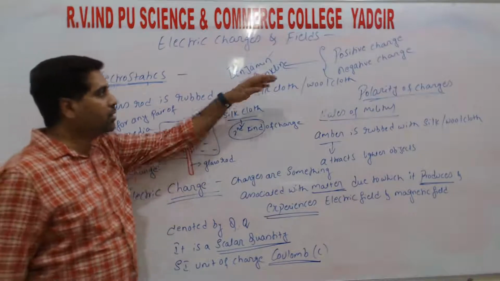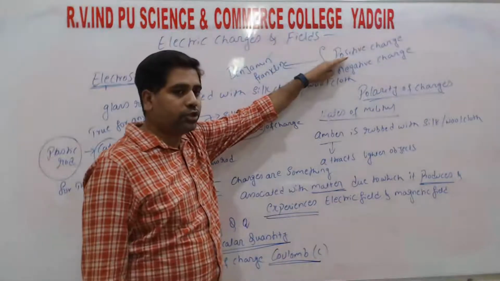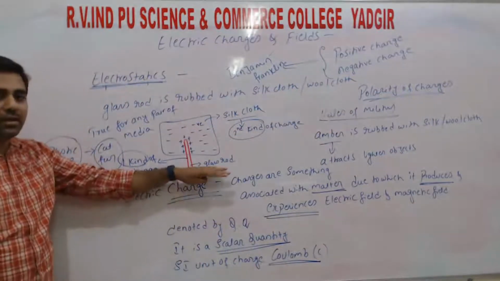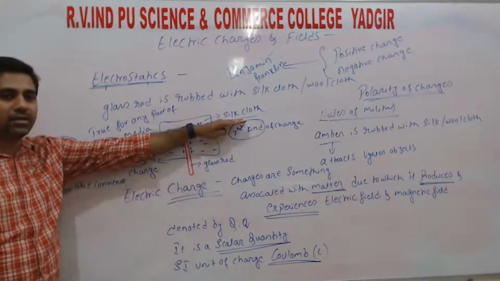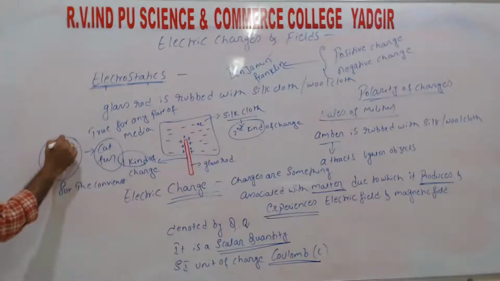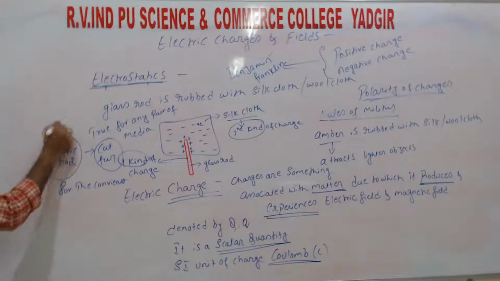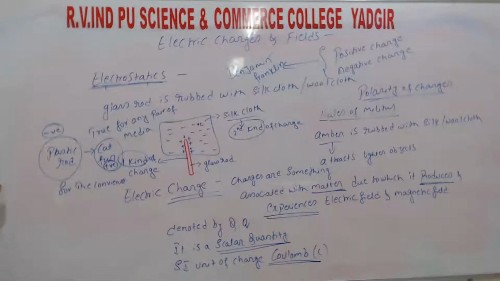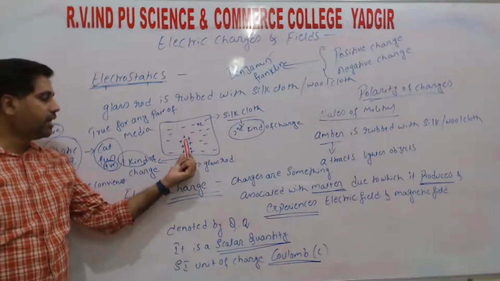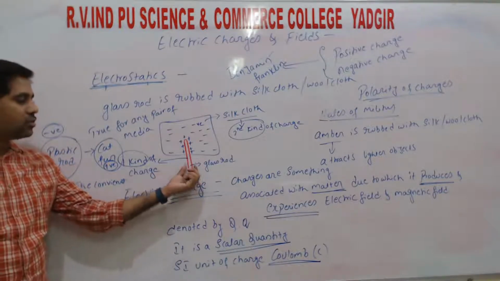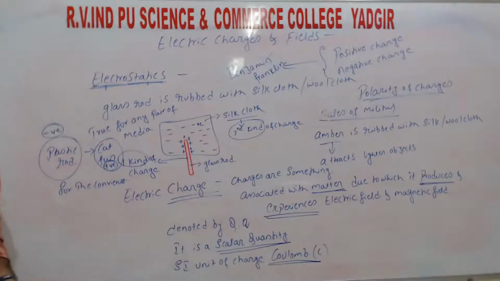After naming by Benjamin Franklin, positive and negative charge, by convention we consider that the glass rod will acquire positive charge and the silk cloth will acquire negative charge. Similarly, the plastic rod will acquire negative charge and the cat fur will acquire positive charge, right? So here we are going to study with the glass rod acquiring positive charge.